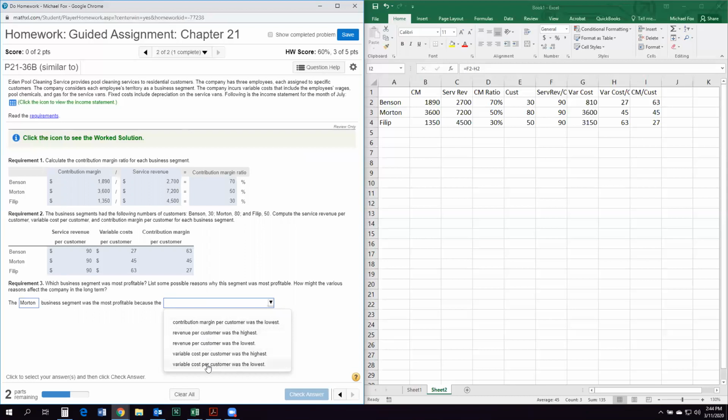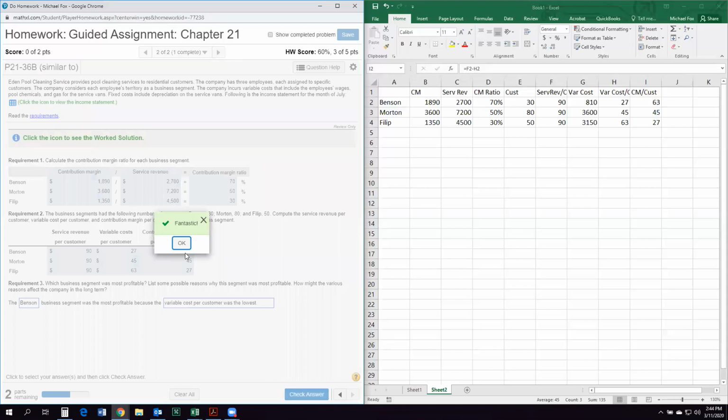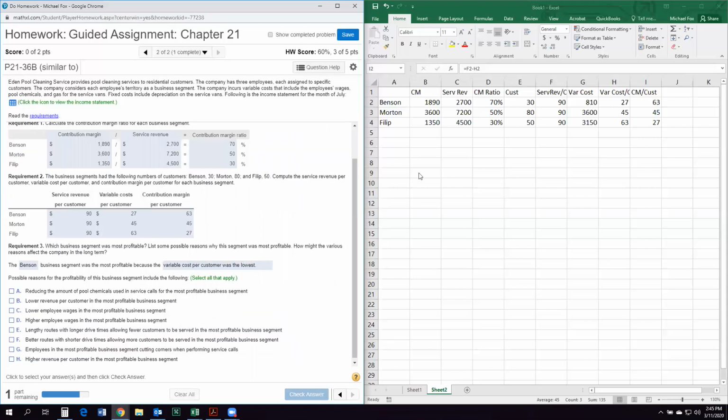So I think what they're getting at is the variable cost per customer is the lowest. And so they're going to want me to say Benson was the most profitable. Let's see. Yep. That's not true. So Benson has the best contribution margin ratio, which means if Benson had more customers, they would be more profitable than Morton, but in pure profitability terms, anyway, that's a semantics argument. Recognize that what they're looking for here is the one with the best contribution margin ratio.